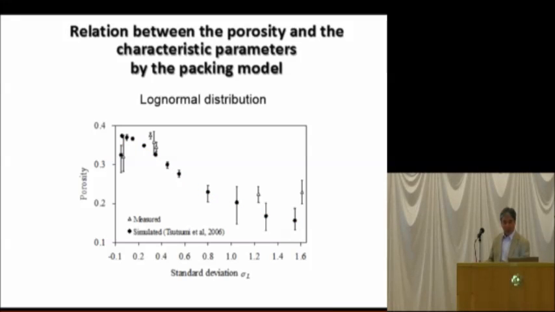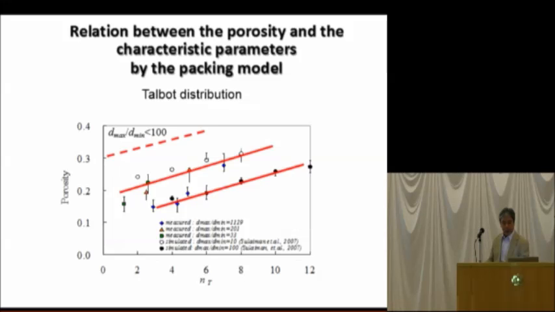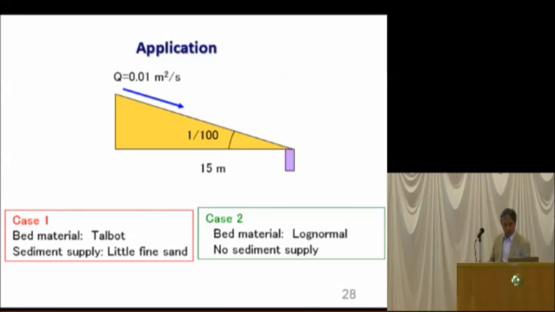But anyway, we need to modify this relationship a little bit, using this one. And finally, I want to show you one result only. Application result: there are two cases, case one and case two.